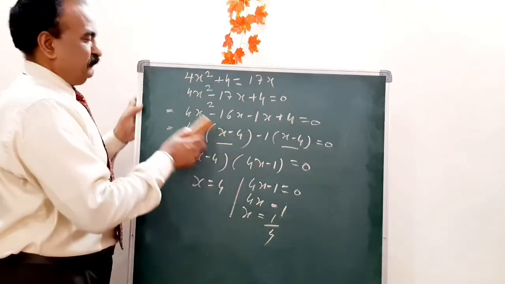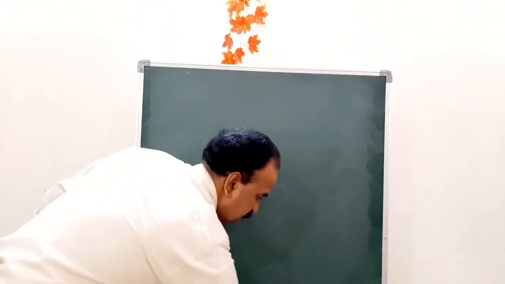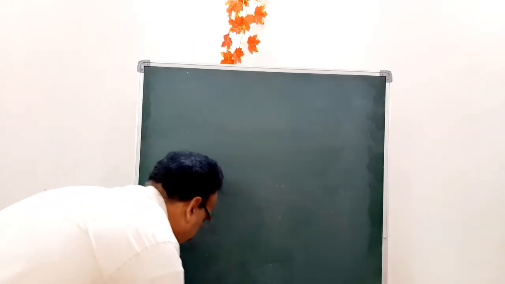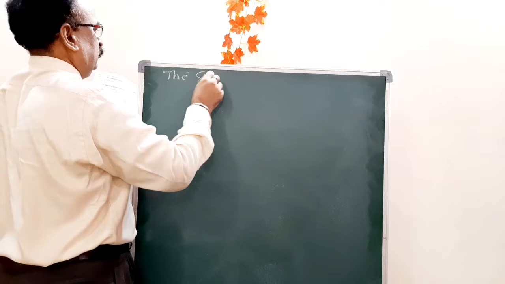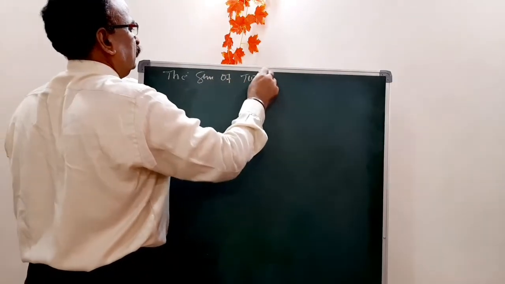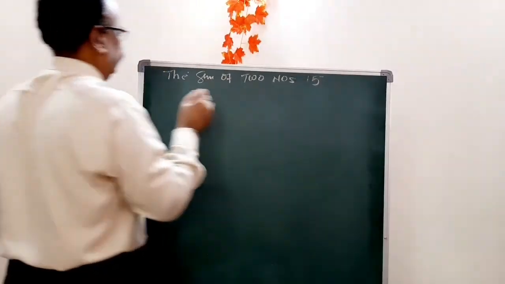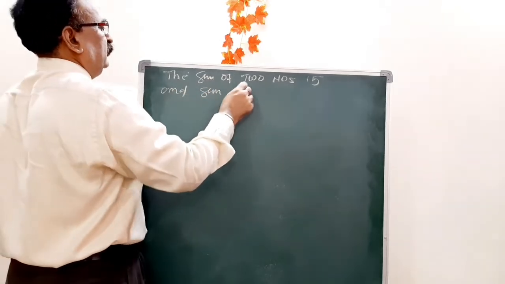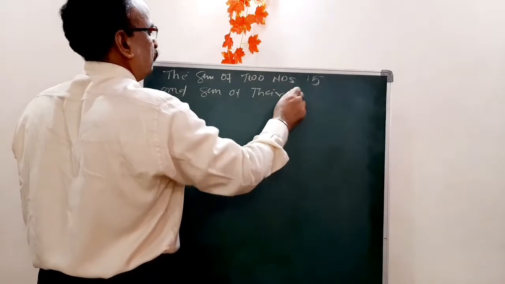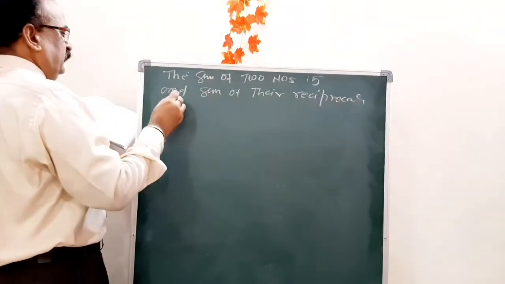Next question is, the sum of two numbers is 15 and the sum of their reciprocals is 3 by 10.